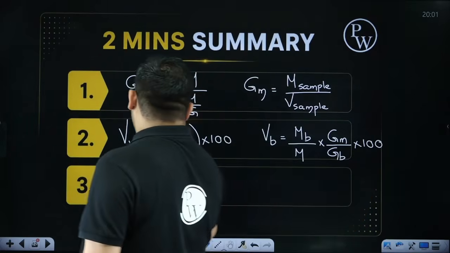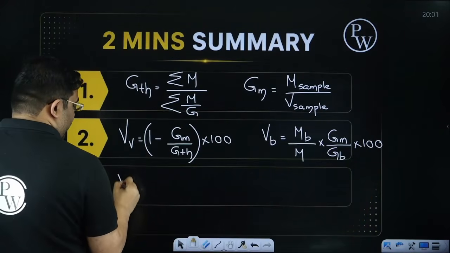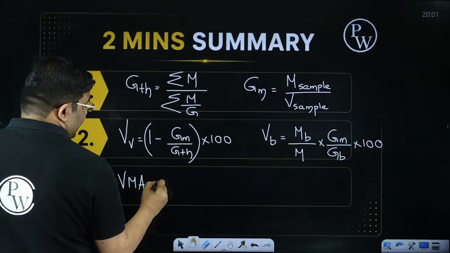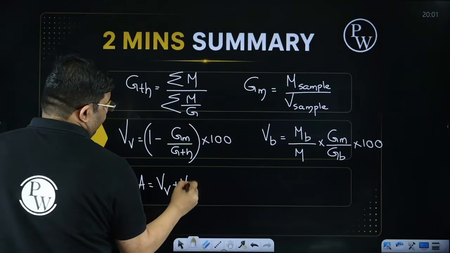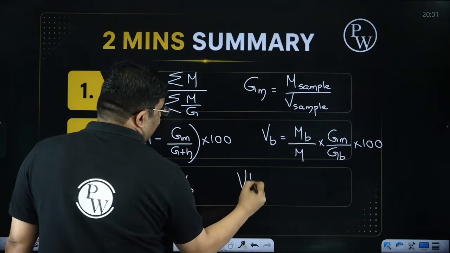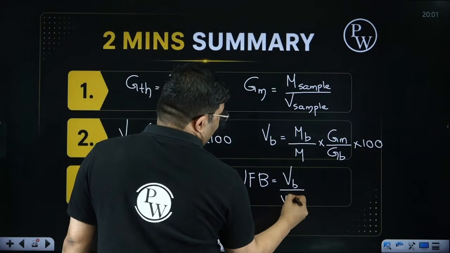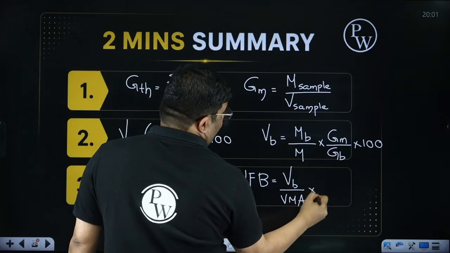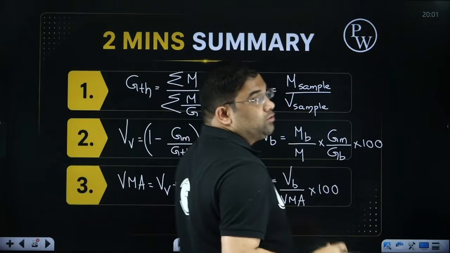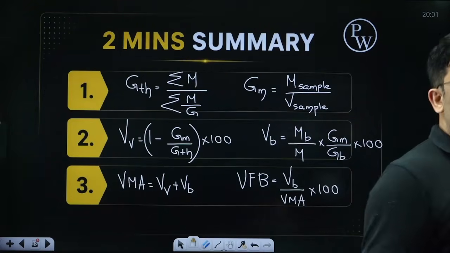So this is air void, this is bitumen voids. Now total voids, VMA, is air voids plus bitumen voids. And then voids filled with bitumen is volume of bitumen by total void, so VMA into 100.